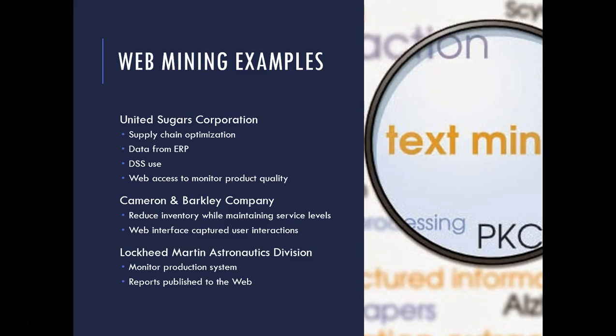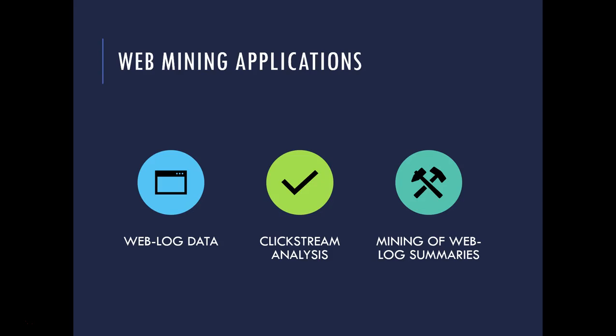So we have Cameron and Barkley used web mining to reduce inventory while trying to assure having sufficient inventory while having to maintain service levels, and web interface captured user interactions. Lockheed Martin's astronautics division used web mining to monitor their production system and published reports on the performance of their operations on the web. So once again, web mining can be very useful in a wide variety of applications.